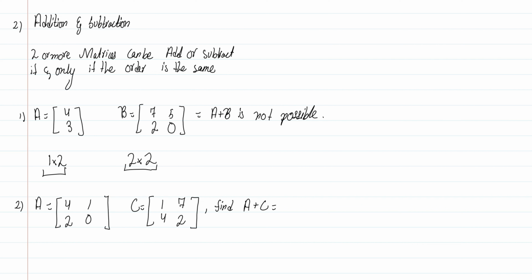Yes, A and C are possible. The reason is because A and C have the same order. A has 2 by 2 and C also has 2 by 2. So look at the order. The orders are basically the same, so we can add and subtract A and C. Okay.